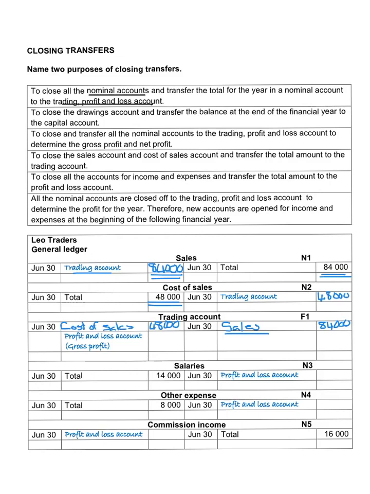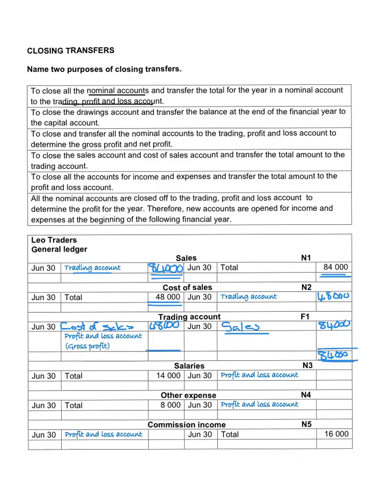The whole purpose of the trading account is to work out what is the gross profit. That is the difference between the sales price and the cost price. So the total on the credit side is 84,000.